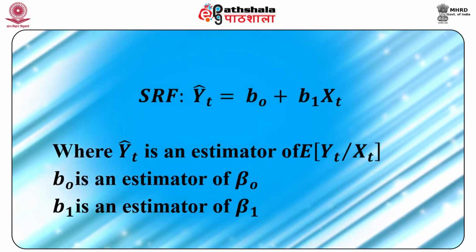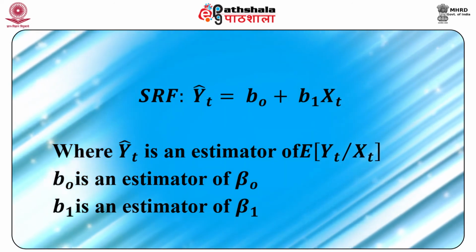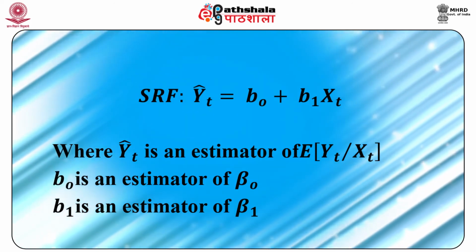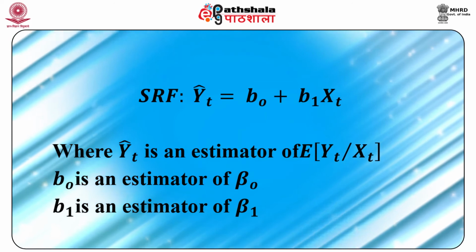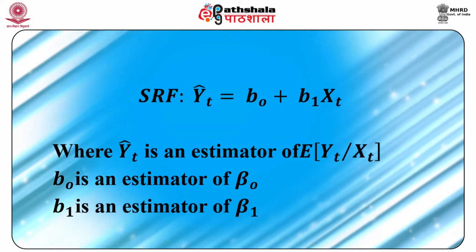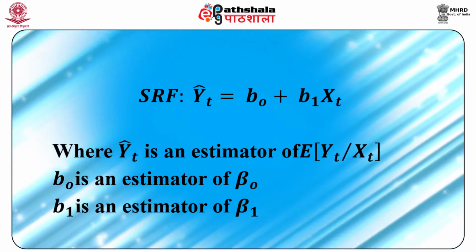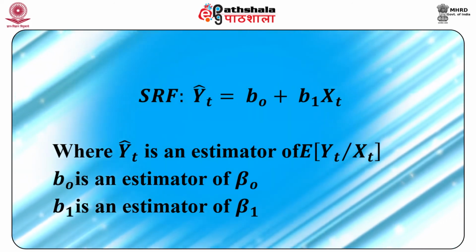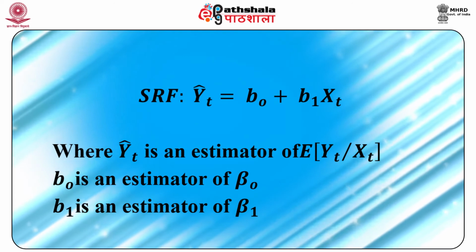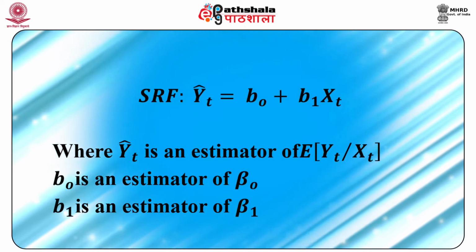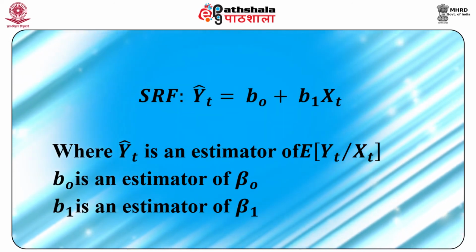The sample regression function, SRF, is the counterpart of PRF, the population regression function, and it can be expressed as SRF: yt hat equals b0 plus b1 xt, where yt hat is an estimator of the expected value of yt given xt, and b0 is an estimator of beta 0 and b1 is an estimator of beta 1 of the population regression function.